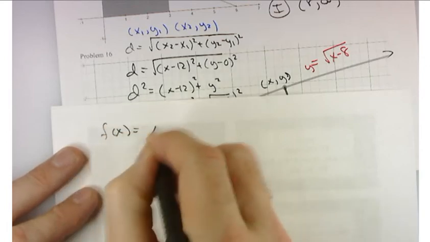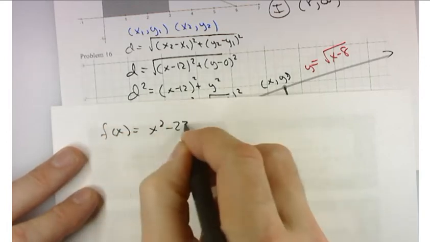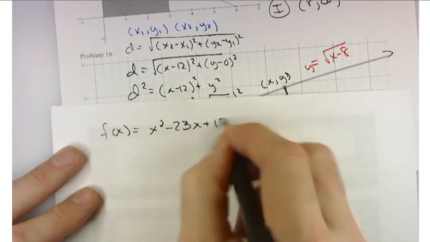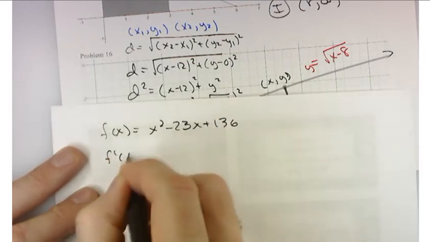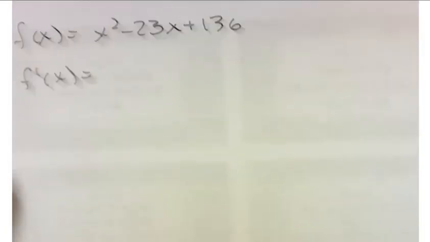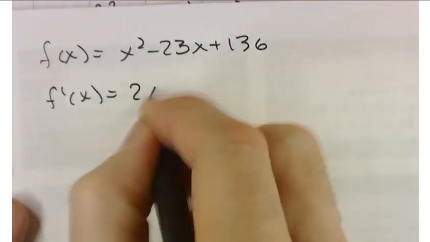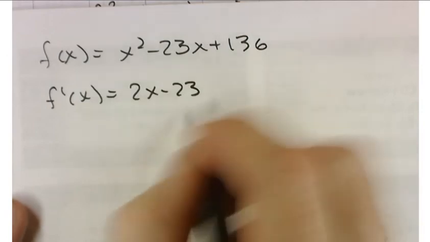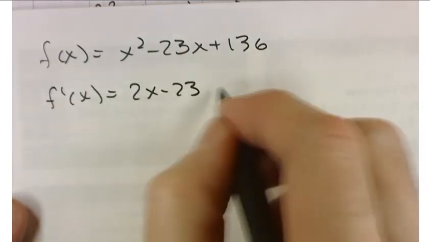f of x was x squared minus 23x plus 136. f prime of x is going to be 2x minus 23. Set that equal to 0.